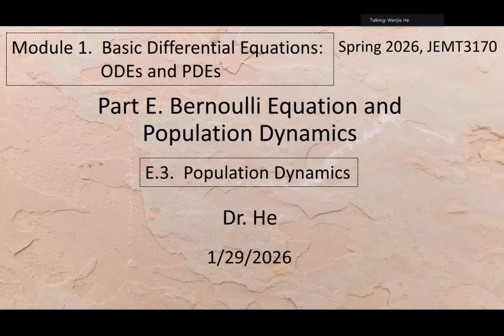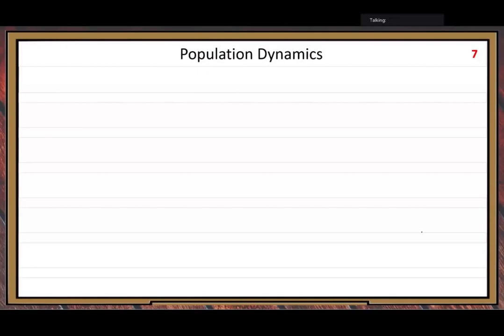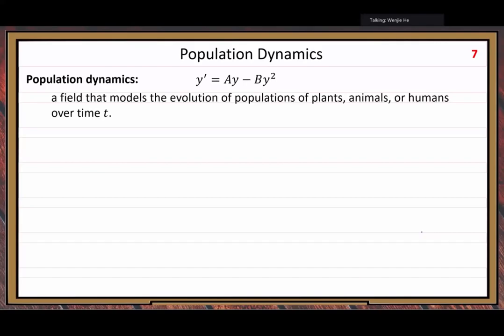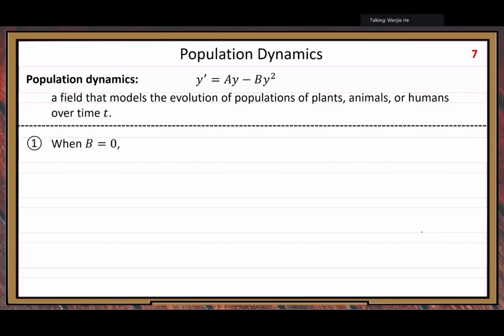Next, some more discussion on population dynamics. Still this one, the model of the evolution of the population of plants, animals, humans. Here we do some simple discussion.